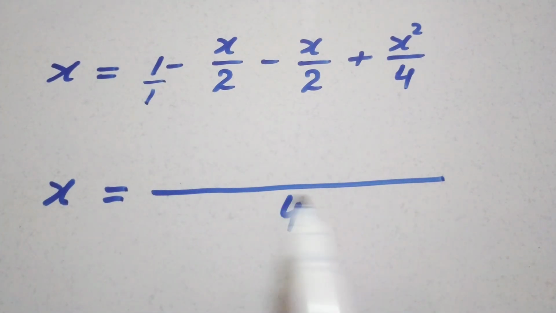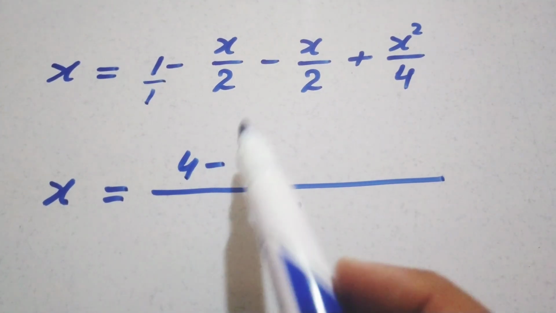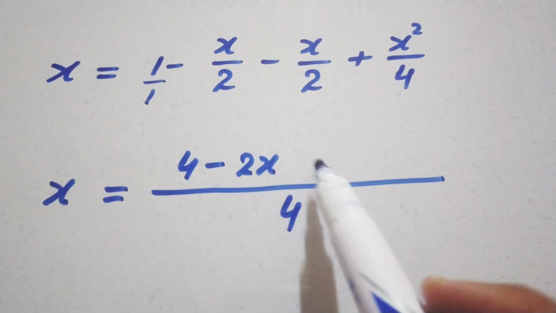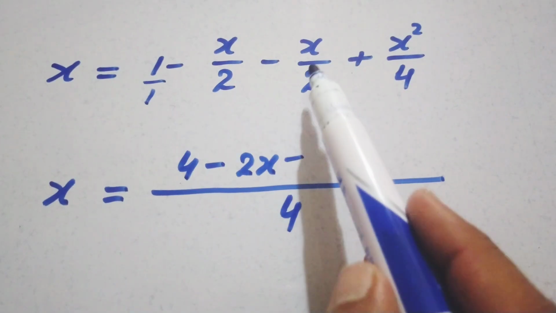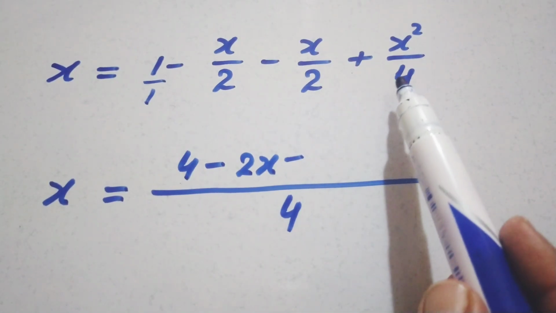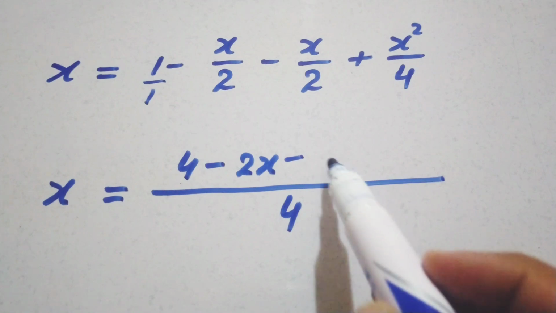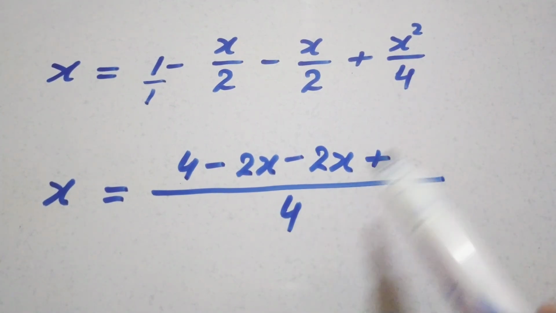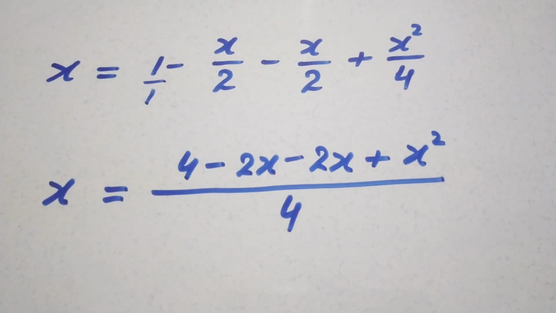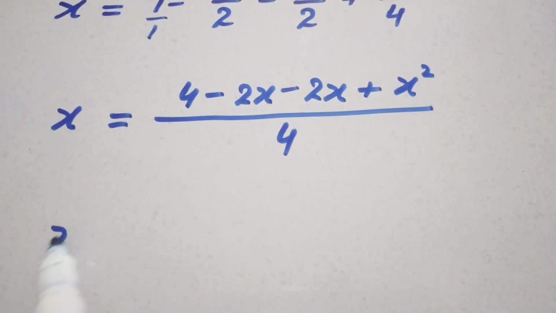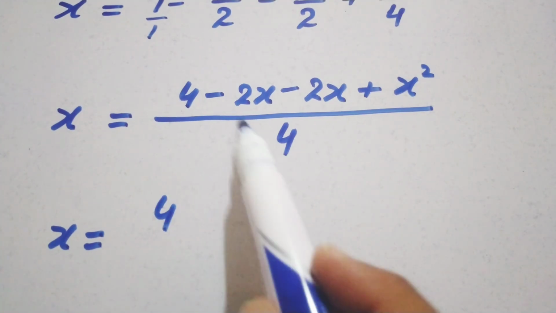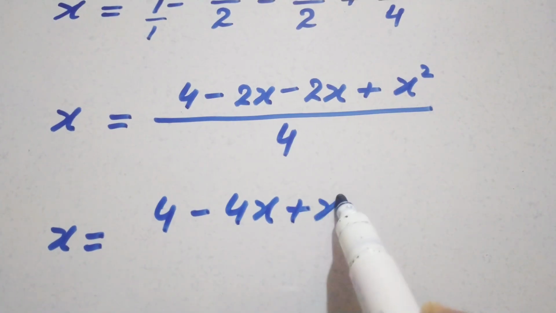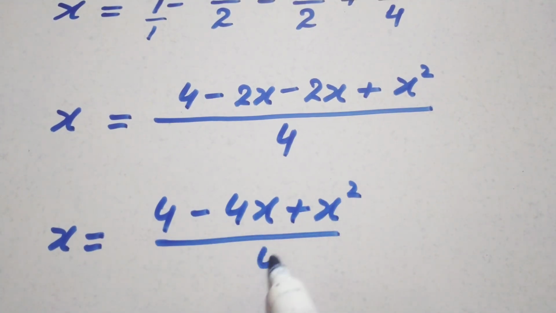And now 1 multiplied by 4 we get 4, minus x by 2 multiplied by 4 we get minus 2x, minus x by 2 multiplied by 4, 2 multiplied by 2 we get 4, and 2 multiplied by x we get minus 2x, plus x squared divided by 4 multiplied by 4 we get x squared. So now x is equal to 4 minus 2x, this will become minus 4x plus x squared divided by 4.